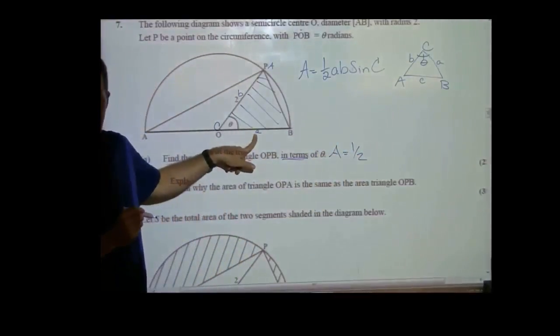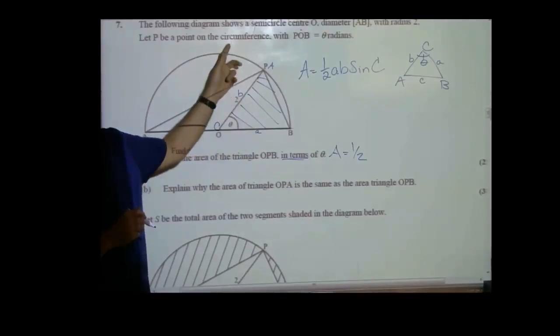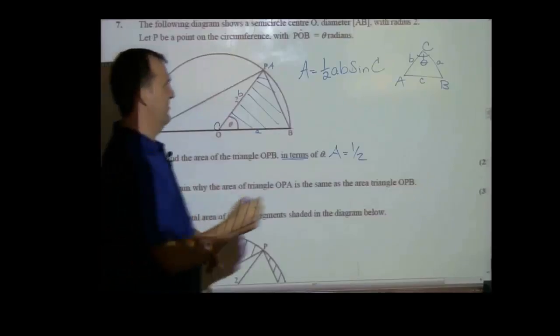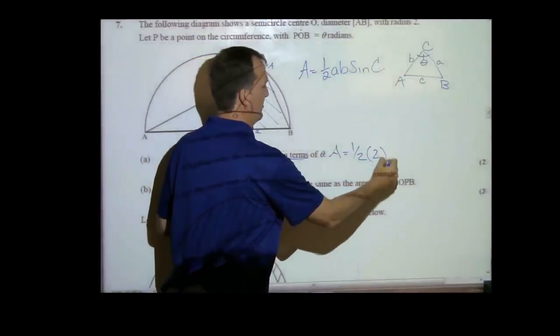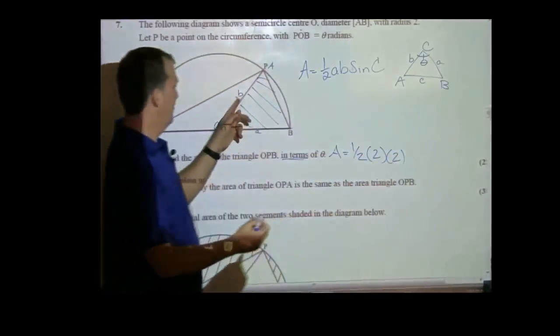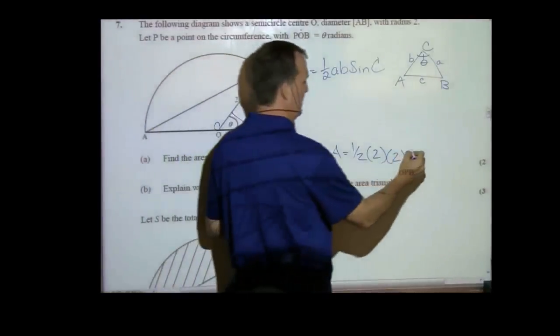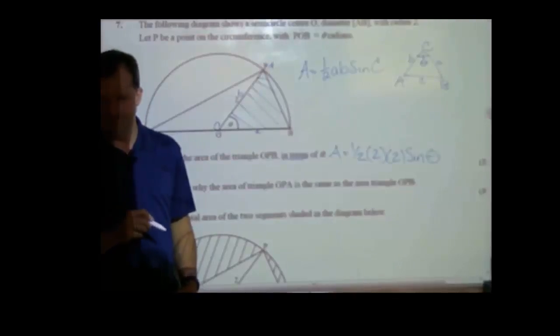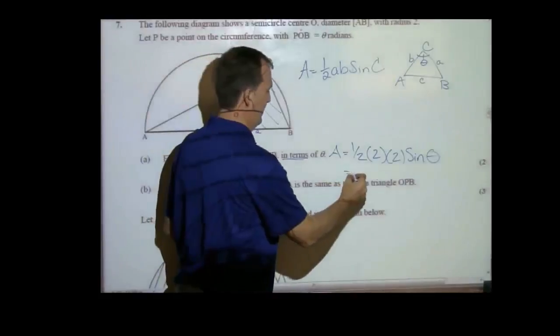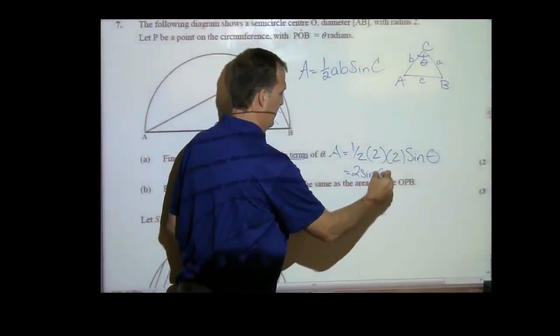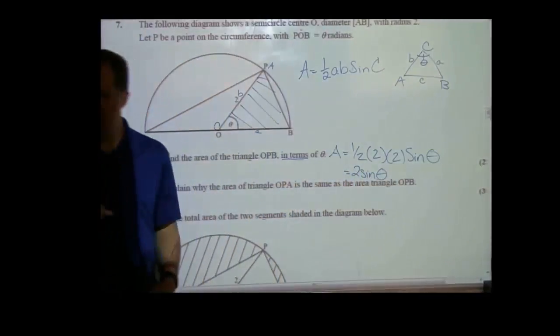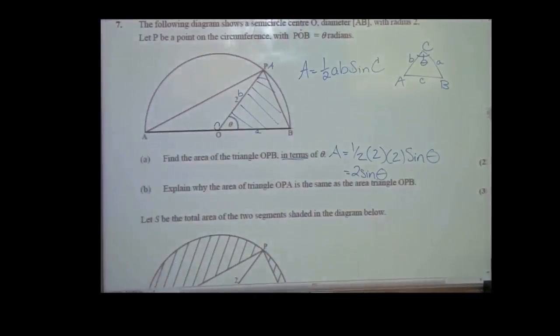A is 2, it's the radius, so 2 times 2, because that's B, times the sine of theta. Done. That's why it was 2 marks. Write down the formula with the numbers in the right place, simplify.